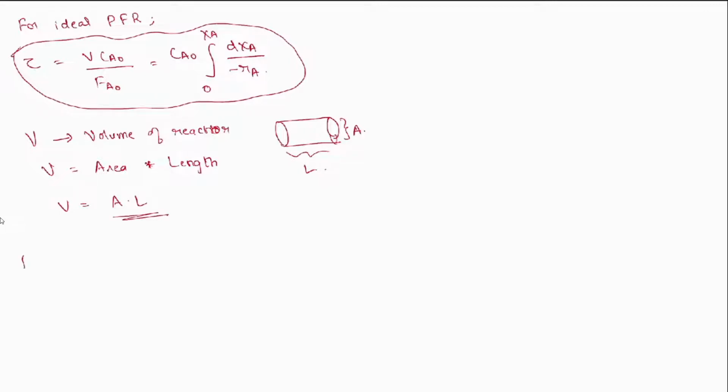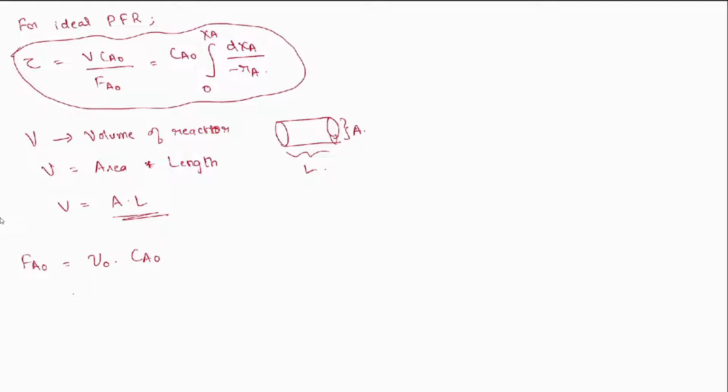Then the second thing, FA0, which is basically the initial molar flow rate, will be the product of volumetric flow rate nu0 and initial concentration CA0. So FA0 will be equal to nu0 into CA0, where FA0 is the initial flow rate in molar terms, nu0 is the volumetric flow rate, and CA0 is the initial concentration.